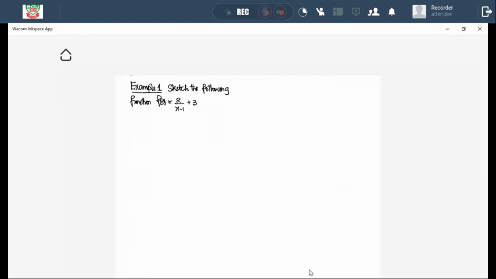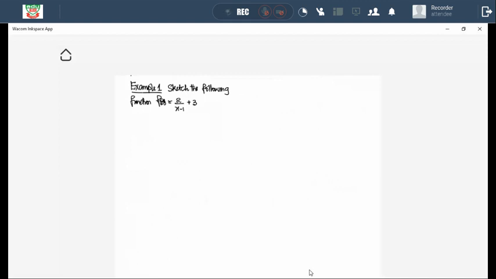Right. Once you are faced with such an expression, this is your f of x, right? If you look at your f of x, this is a hyperbolic function. This is what you are supposed to pick from the onset. Once I look at that expression, that's a rational expression or a hyperbolic function because x is on the denominator.